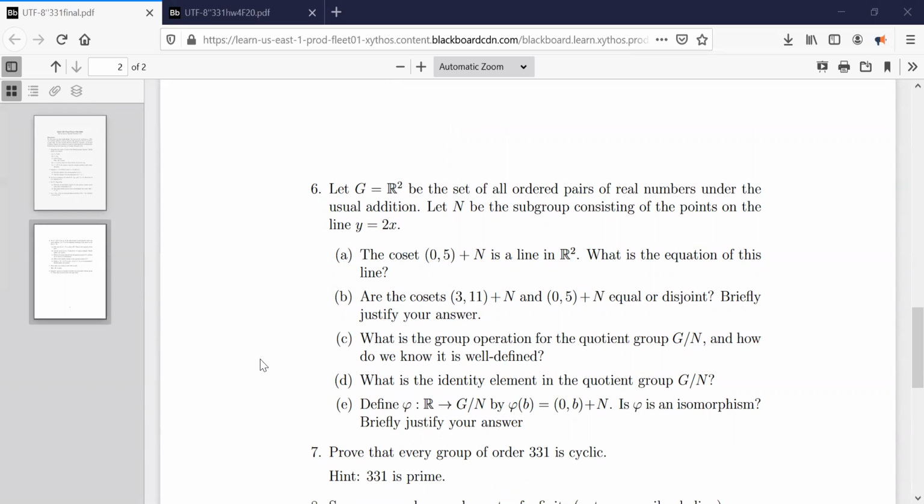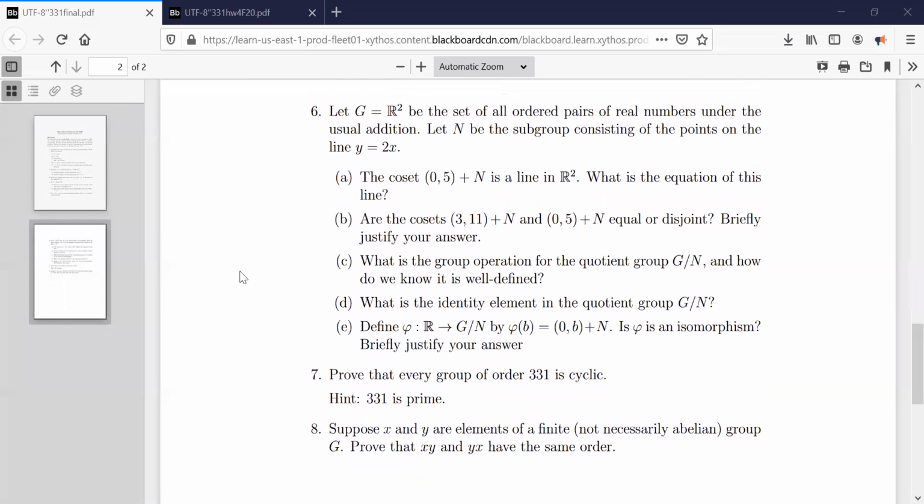The coset (5, 0) plus N is the line... Okay, so how should I change this?